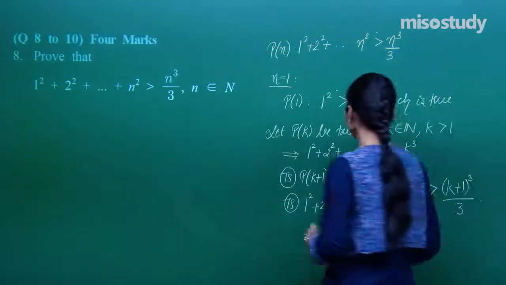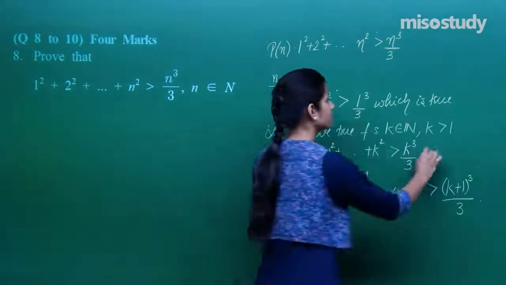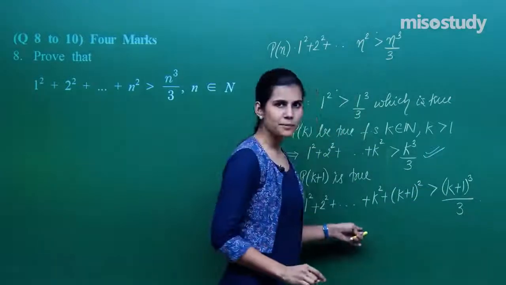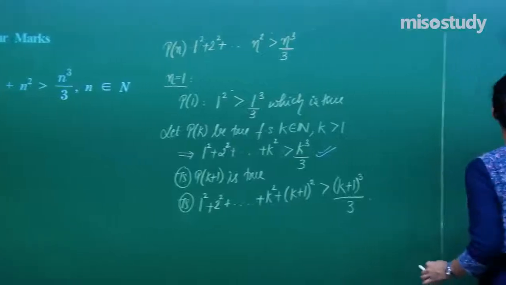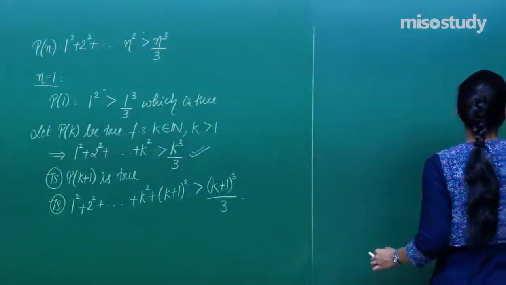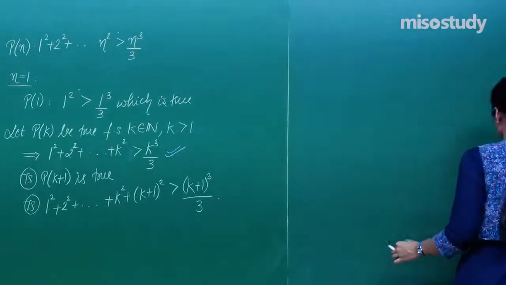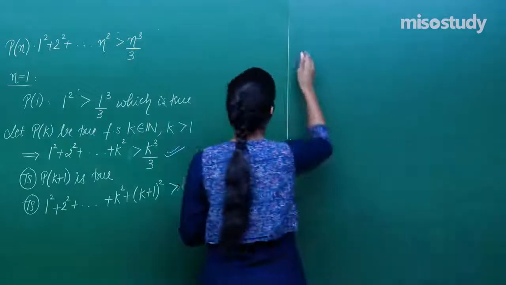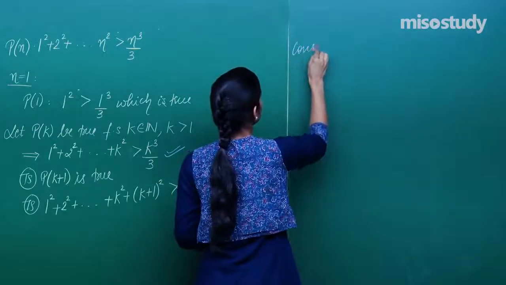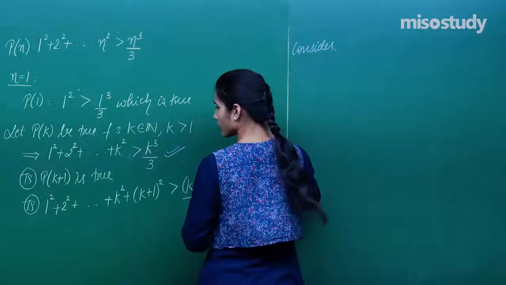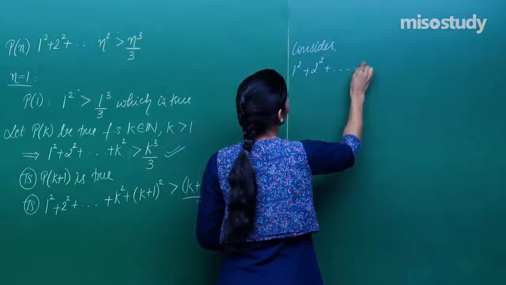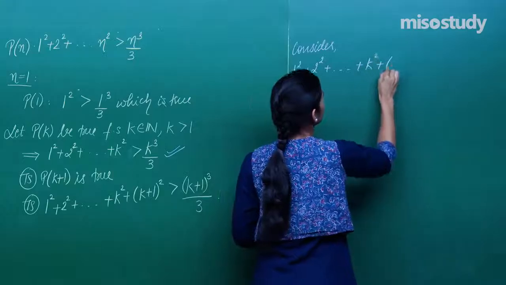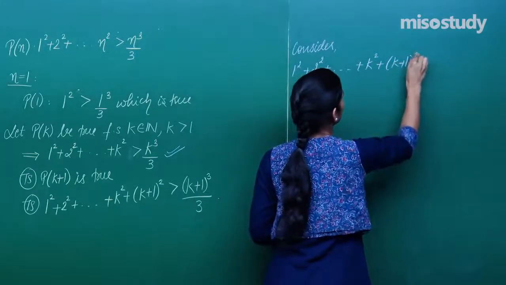Okay, so how are you going to use the very fact that Pk is true in order to establish Pk+1 is true? Let us assume the left hand side. Consider 1 square plus 2 square plus and so on plus k square plus (k+1) whole square.